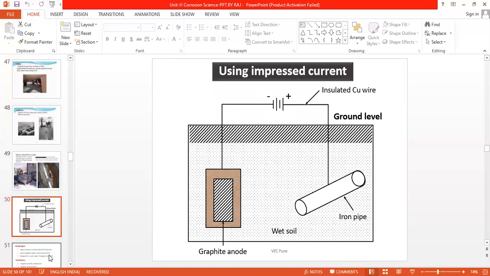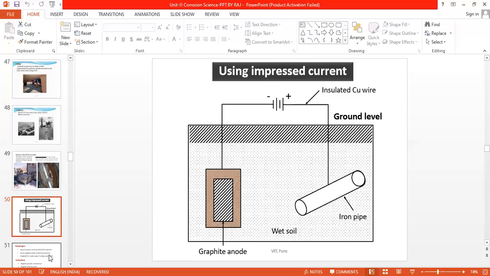Now we will see the second method by which we can carry out cathodic protection. Again, I will repeat. Cathodic protection is the method in which the metal to be protected from corrosion is forced to behave like a cathode, either by coupling it with any more active metal placed above it in the galvanic series or by applying external current in the direction which will nullify the corrosion currents.